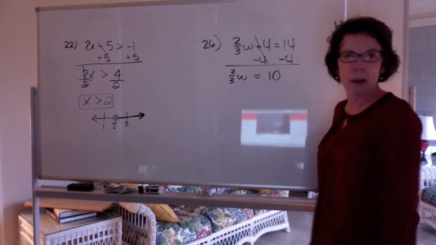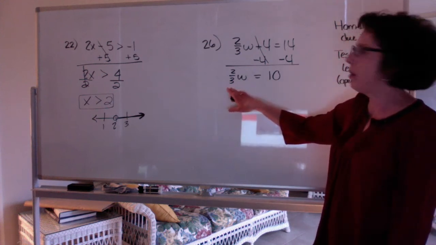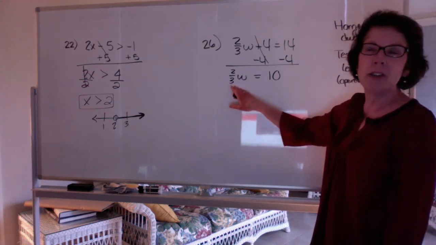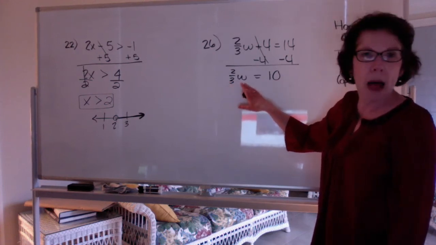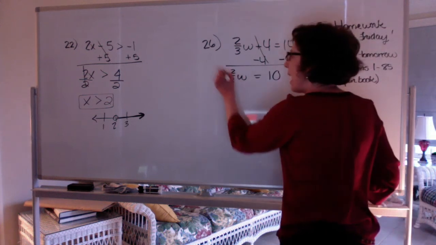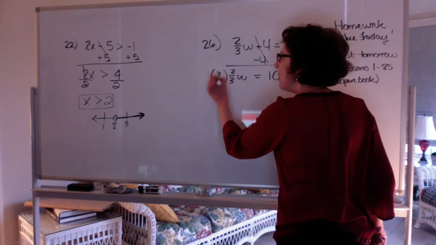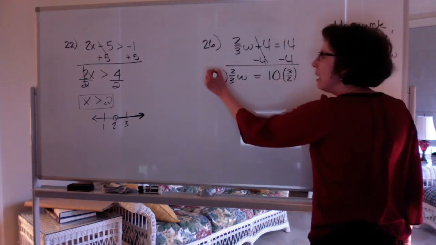Well, now what do we do? We have a fractional coefficient here. What do I do to undo a fractional coefficient to isolate W? Multiply by the reciprocal. So let's go ahead and do that. I'm going to multiply both sides by the reciprocal 3/2. So let's show that. Look what's going to happen.